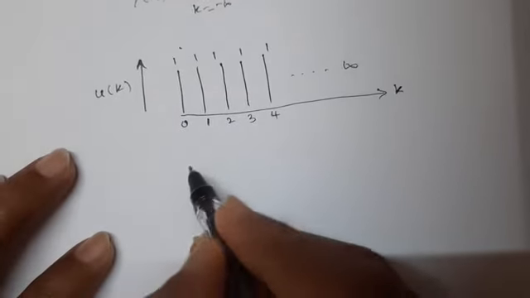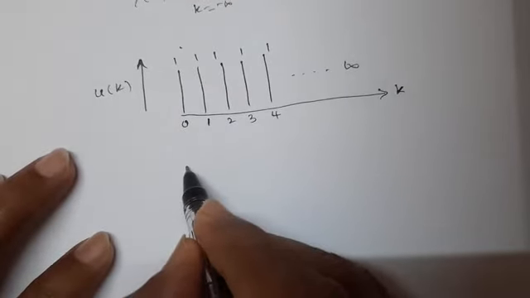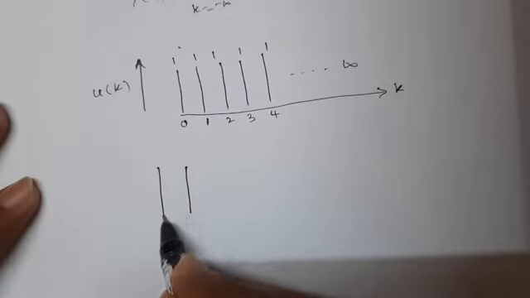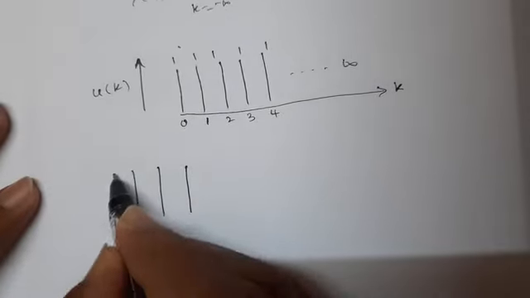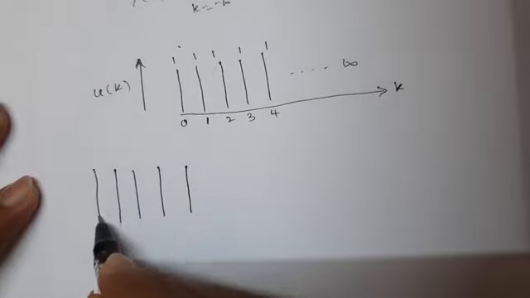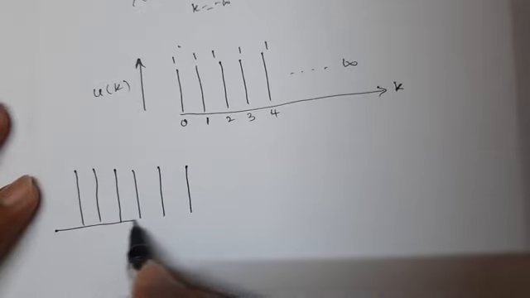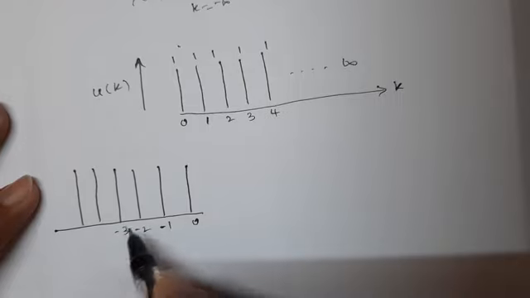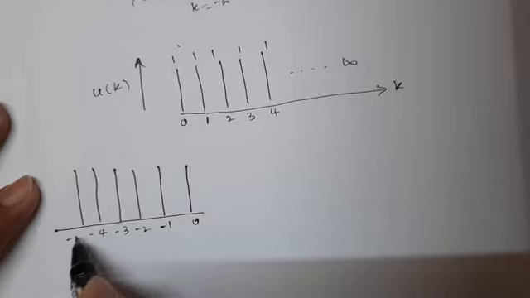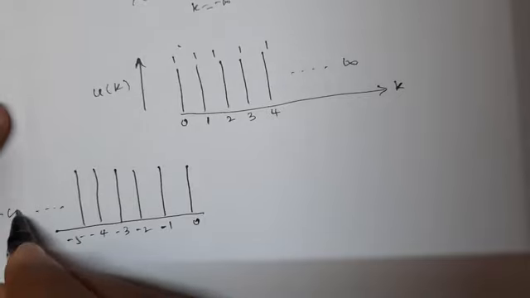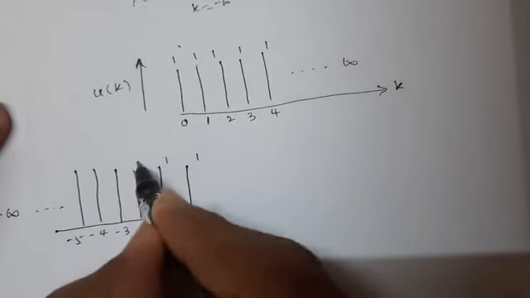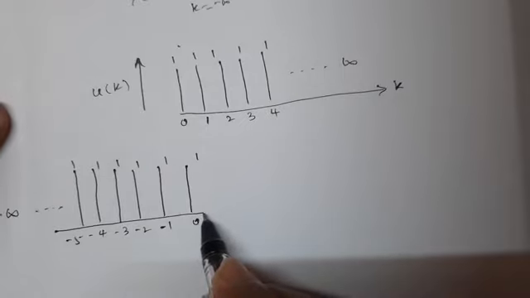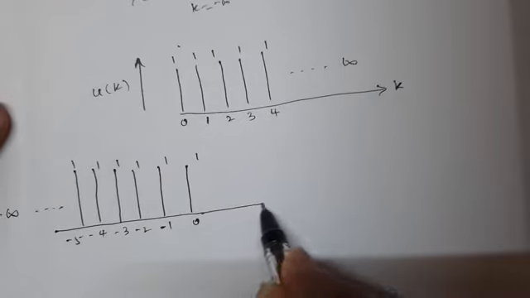So u of minus k starts at 0 and moves towards minus infinity, a reflected version of u of k. So 0, minus 1, minus 2, minus 3, minus 4, minus 5 and so on towards minus infinity with an amplitude 1.